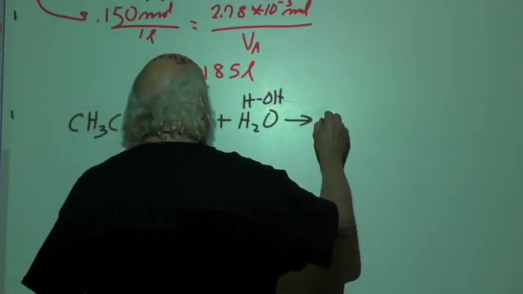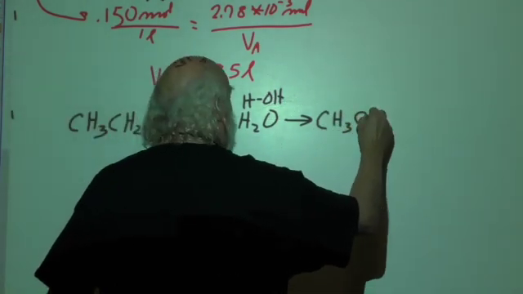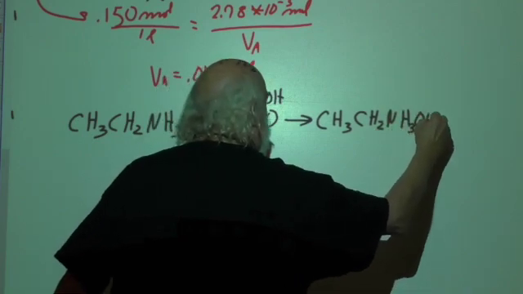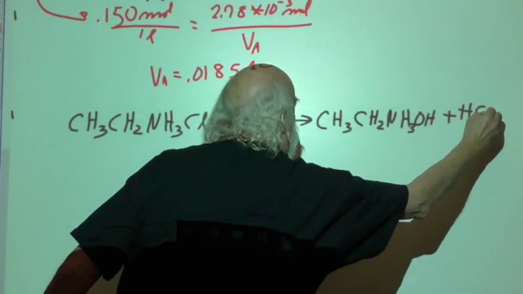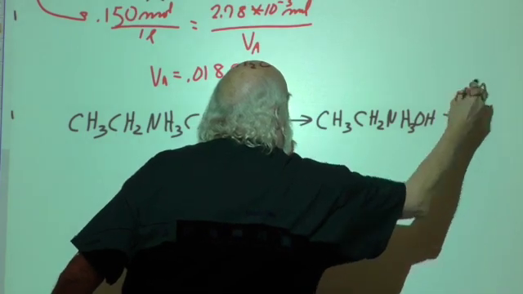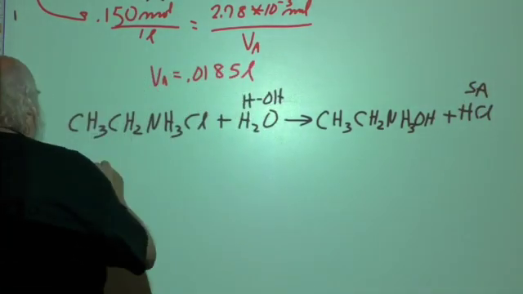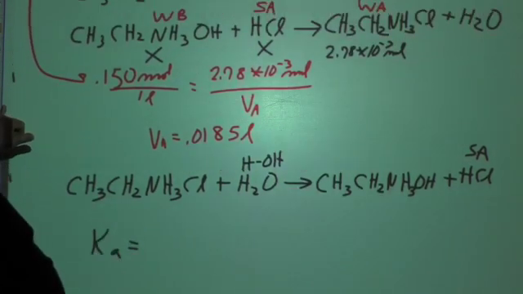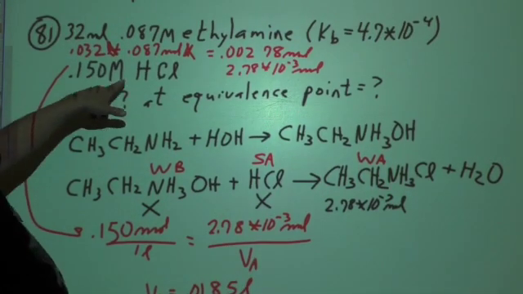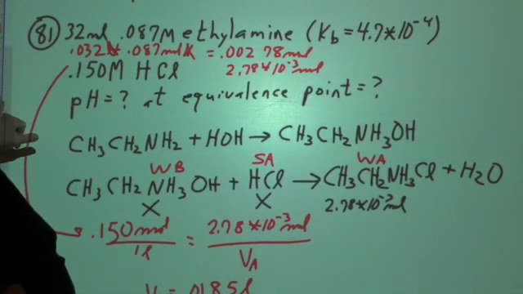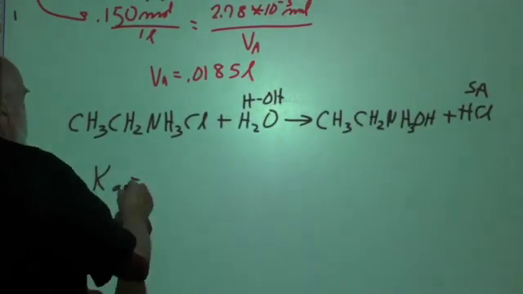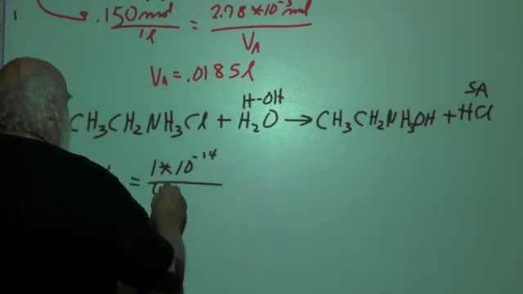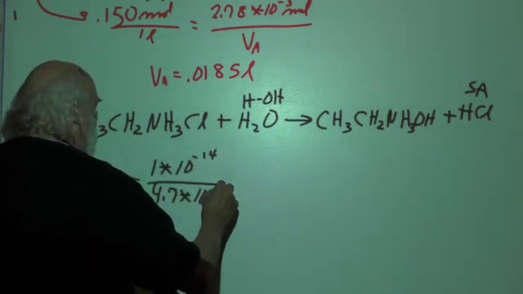It's going to give us CH3CH2NH3OH plus HCl. And that is a strong acid, and that tells you that you're running Ka for this. The Kb was given as 4.7 times 10 to the negative 4. So this would be 1 times 10 to the negative 14 divided by 4.7 times 10 to the negative 4.